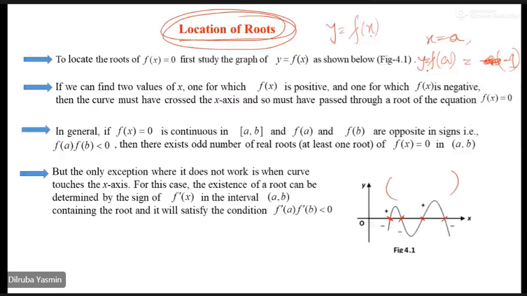For one x value, f of x is positive, and for another x value, f of x will be negative. Look at here. Suppose for x equal to a, you get f of x as a positive value, and here you get f of x as a negative value for another x value.